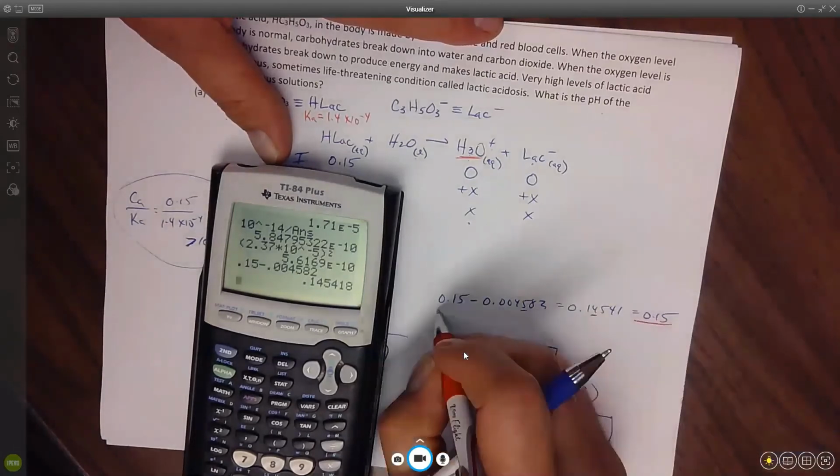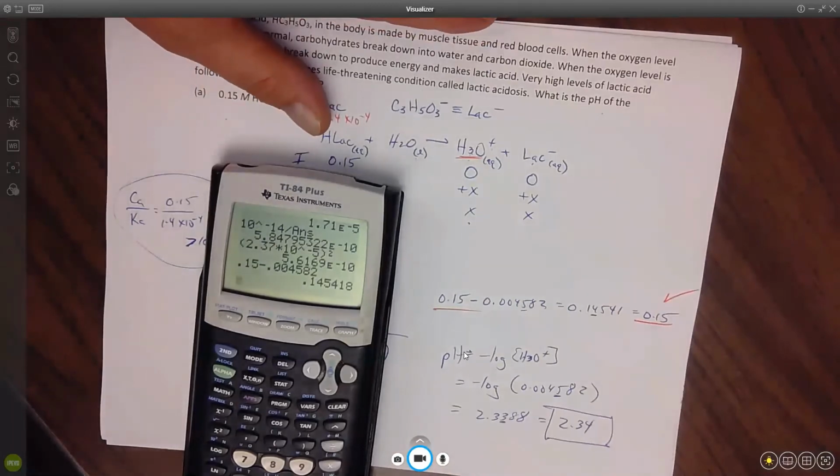They don't change, so my assumption was good.